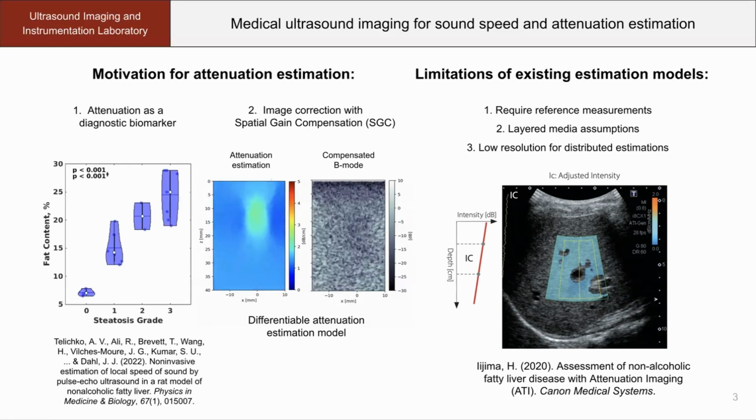Using these spectral-based methods, they're trying to determine an attenuation coefficient slope by doing some frequency analysis. This frequency analysis requires a region of interest, like I mentioned, of about 10 to 20 wavelengths, and this lowers your ability to do distributed attenuation estimation.